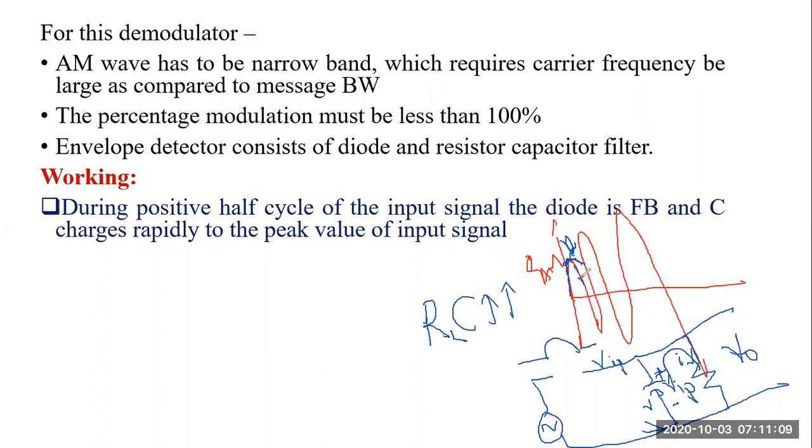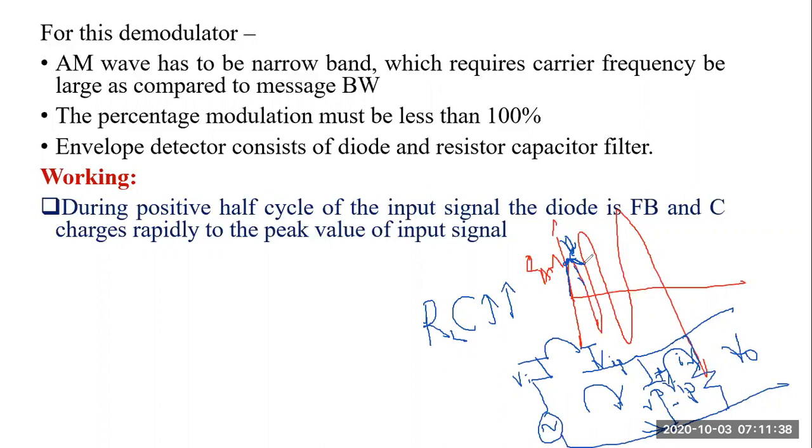So the capacitor will not follow the input signal, but will discharge slowly. Are you following? The capacitor would have discharged only till here by the time the input starts increasing again. So VI will start increasing again, and again this diode will be forward biased. Again the capacitor goes through this charging cycle.